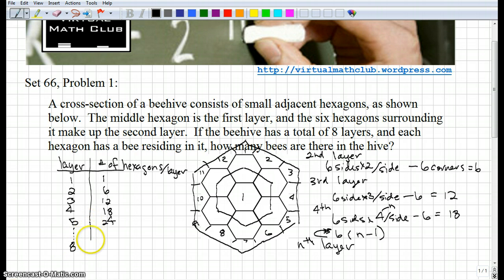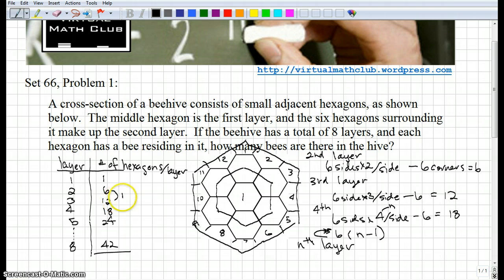I could write all the numbers out, but the 8th layer would have 6 times 7, which is 42 hexagons in it. And in order to figure out the total number of hexagons, we could add these up, or we could recognize that this is an arithmetic sequence, at least past the first one.